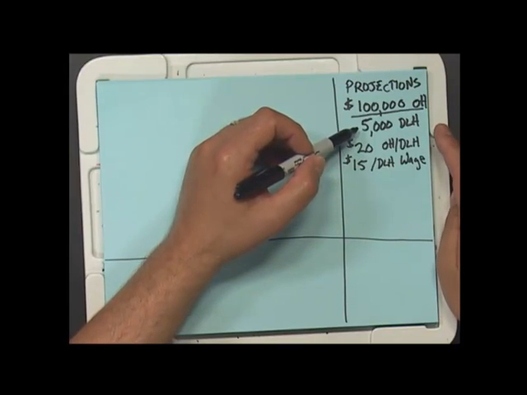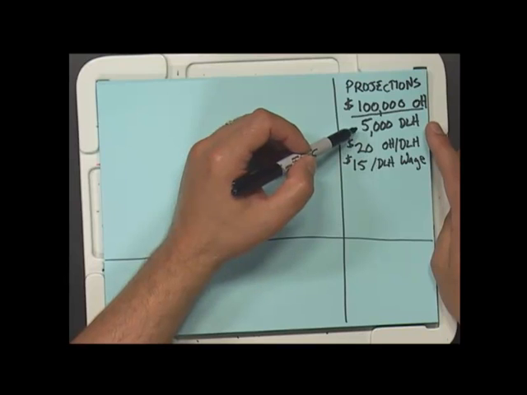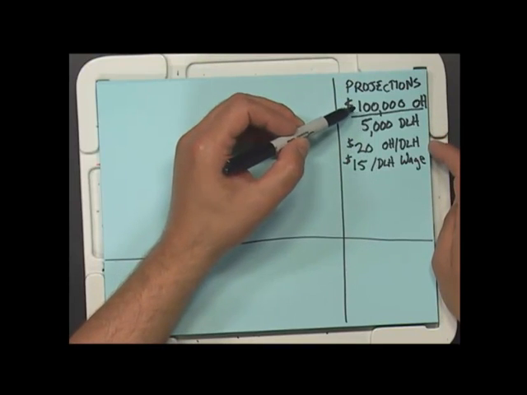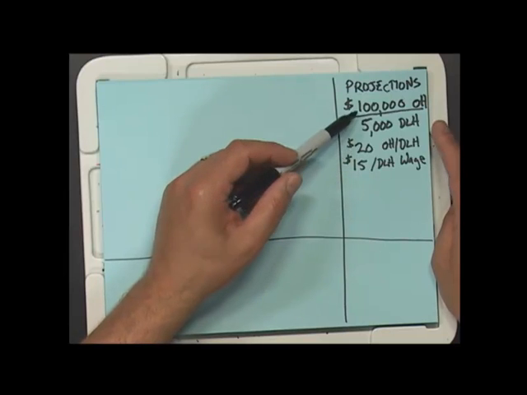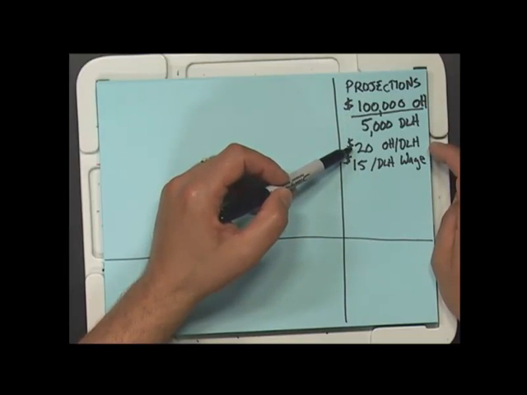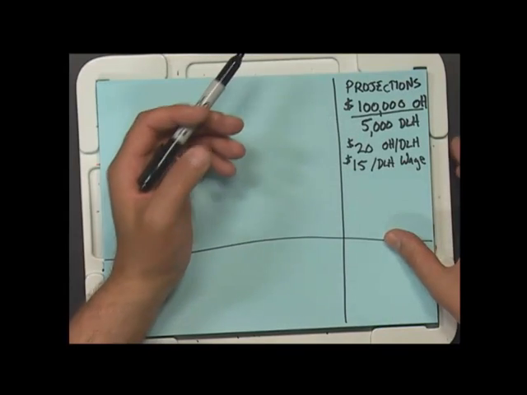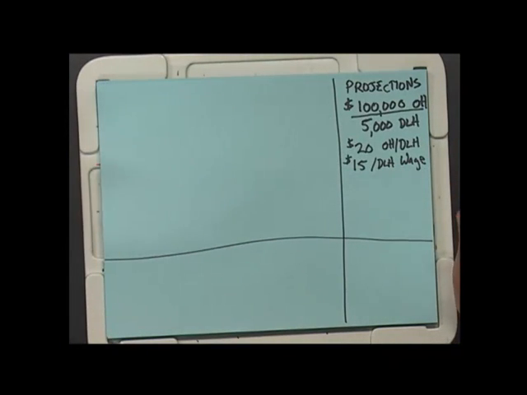So that's our overhead driver. And if we divide the projected overhead by our activity base, we end up with $20 of overhead for every direct labor hour.